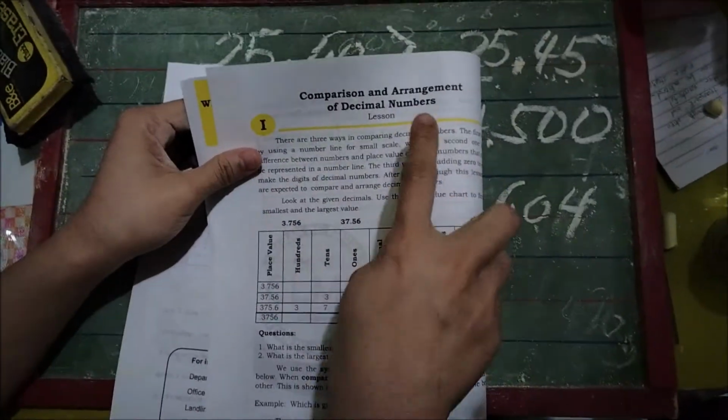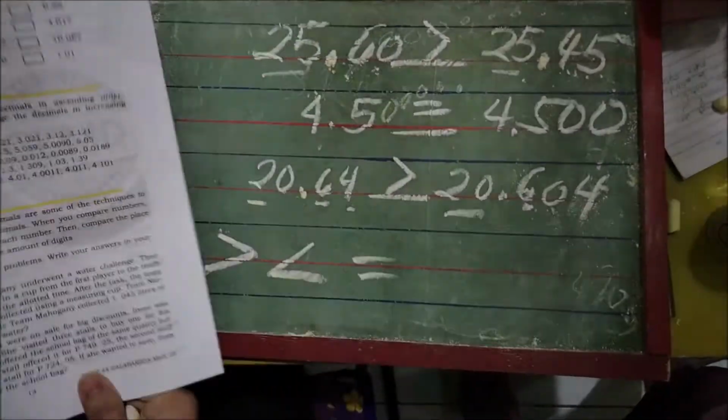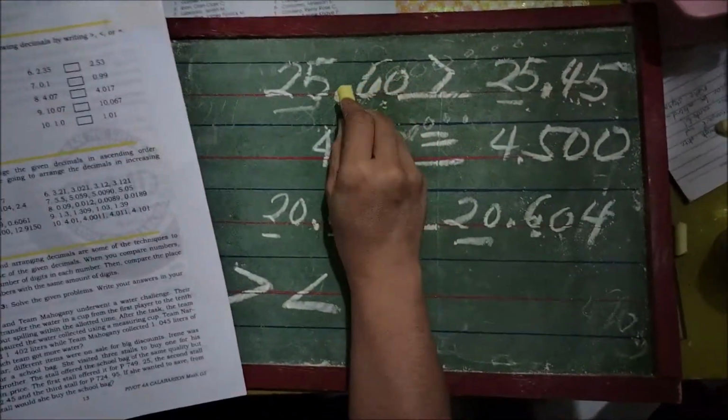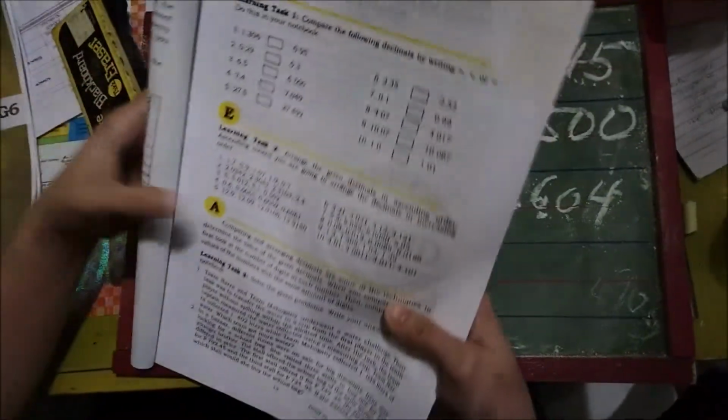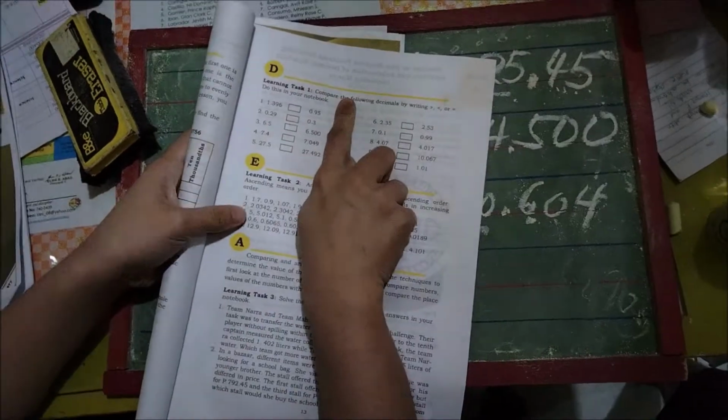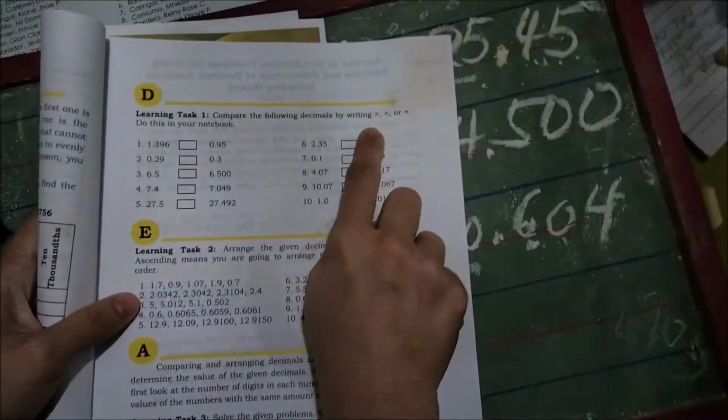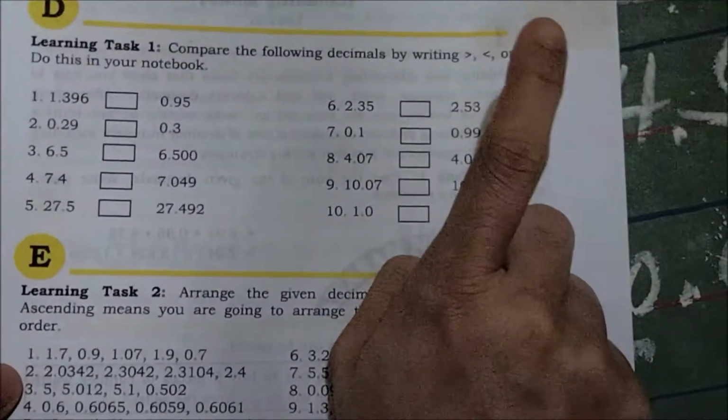So that is for the lesson, comparing and arranging decimal numbers. In arranging, it's the same. Just look at the number nearest to the decimal point. In learning task 1, compare. So you're going to just use greater than, less than, or equal.